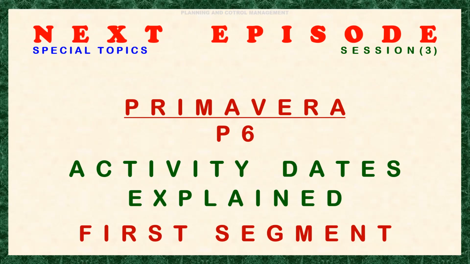But in our presentation, at least you already know some of the dates: early start, early finish, late start, late finish. The early start and early finish are the forward calculation of the schedule, and the late start and late finish, or late bar, are the backward calculation of the schedule, where the total float is calculated.